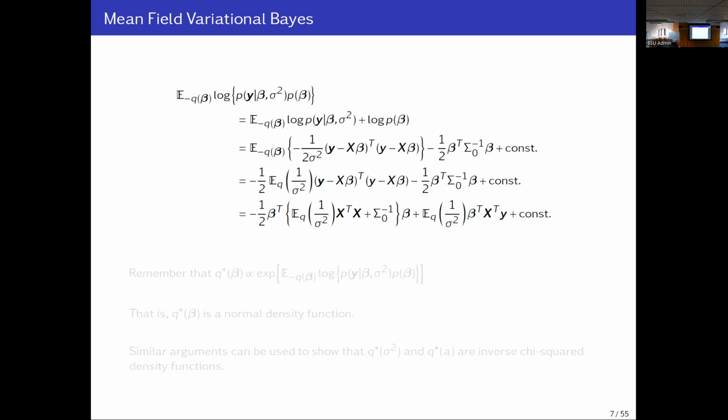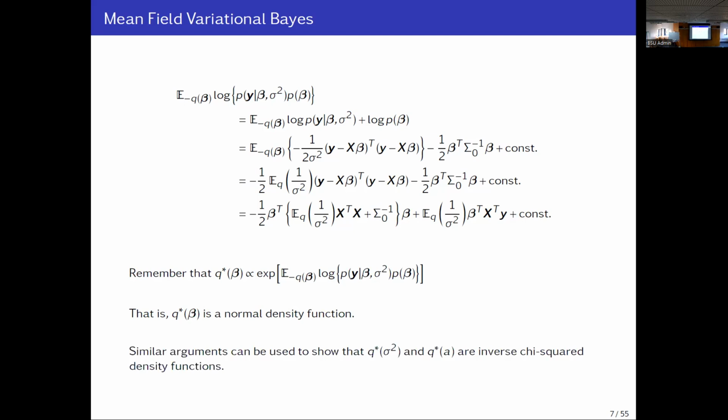I think we went through this yesterday and a bit today, so probably stuff that we're familiar with now. So Q star beta is going to be a normal density function, and you'll be able to extract the mean vector and the covariance matrix from the form of this derivation. I see some nods and some confused faces. Are there any questions so far? Okay.